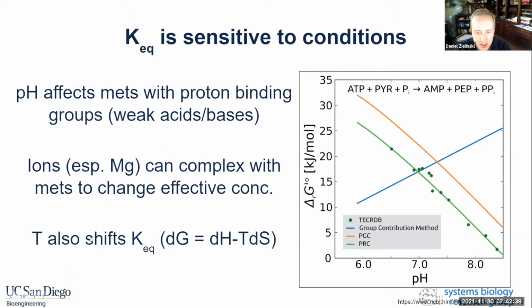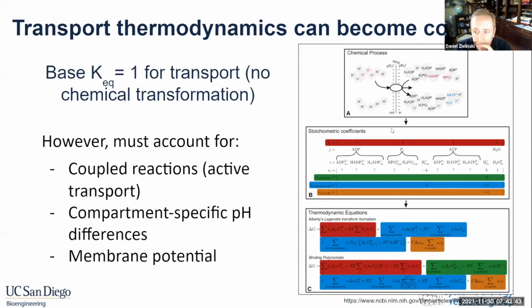Ion concentrations, temperature, all of these things can affect your KEQs. And that especially matters for transport kinetics, where you have protons that are co-transported, and then you have to account for membrane potential and the charge of these metabolites.